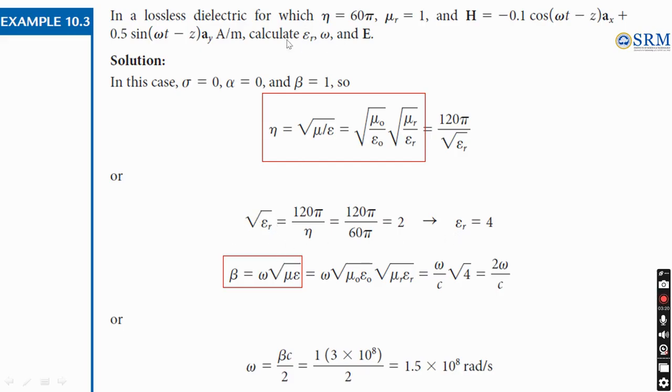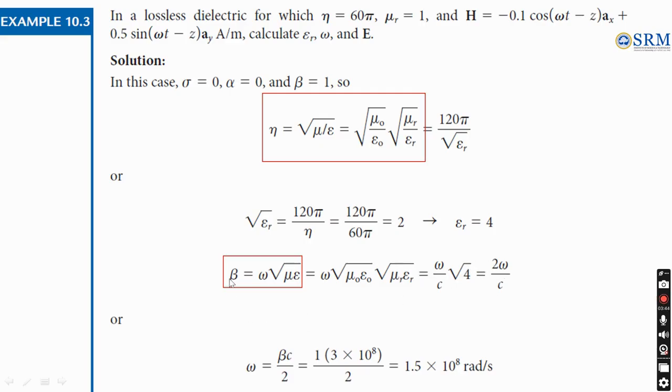So we have found the first component. Now to find omega, we know beta equal to omega root of mu epsilon. Same, I am going to apply omega into root of mu naught into mu r, epsilon naught into epsilon r. So if we rearrange, this term is going to be 1 by velocity of light, right? So omega by c, and root of 1 into 4 is root 4.